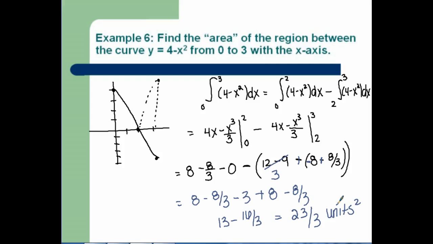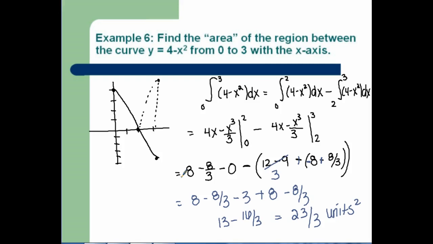If you found the integral from 2 to 3 alone, without this negative right here, this value would have been negative. If you ignored this negative sign, and you did 3 minus 8, can't you see right away that's negative 5? Negative 5 plus 8/3 is going to give you a negative number. So this would have been negative. However, by subtracting that negative, we essentially made it positive by reflecting our graph upward to give us the actual area.